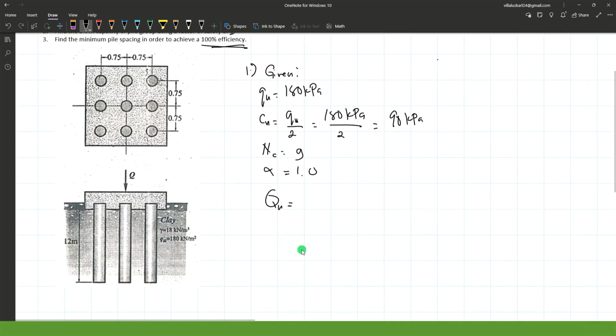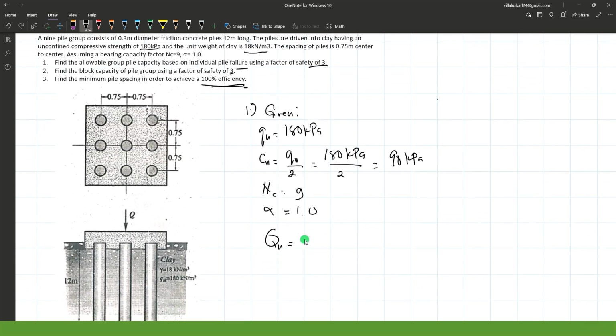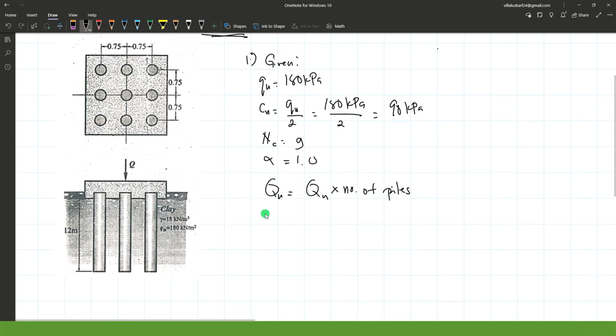So for individual pile failure, what we need to do is determine the ultimate bearing capacity for each pile and multiply it by the number of piles. Then to determine the allowable or the design bearing capacity, just divide this, let's put G for group of piles, by the factor of safety.